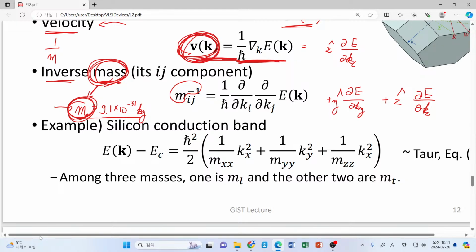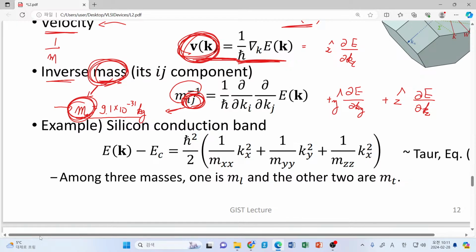However, in our case, it is direction dependent. Once you apply a force in the x direction, then in general your electron will be accelerated along the x direction, yes, you're right, but in general your electron can also be accelerated in the y and z directions.